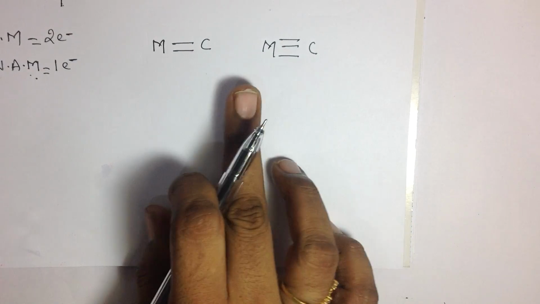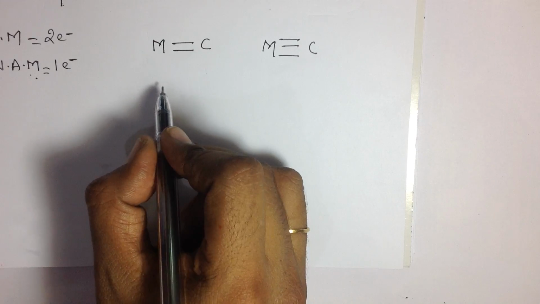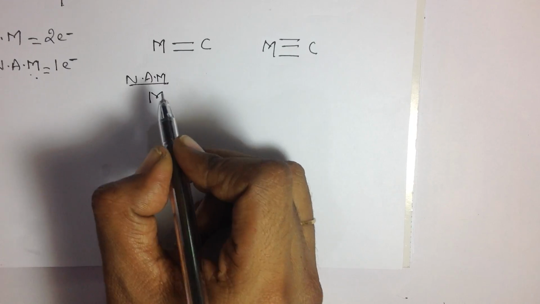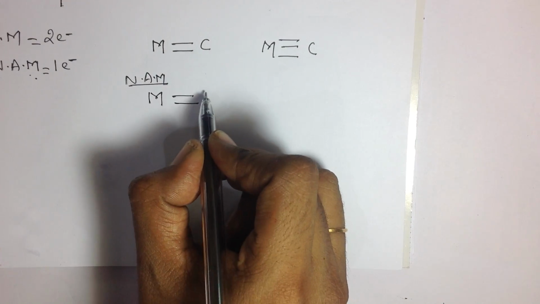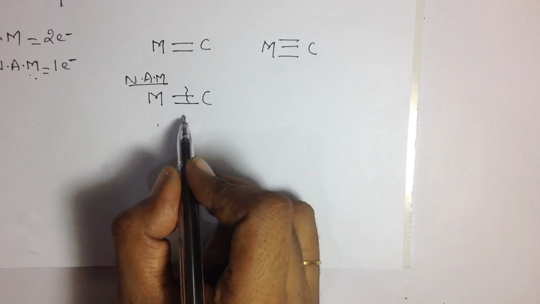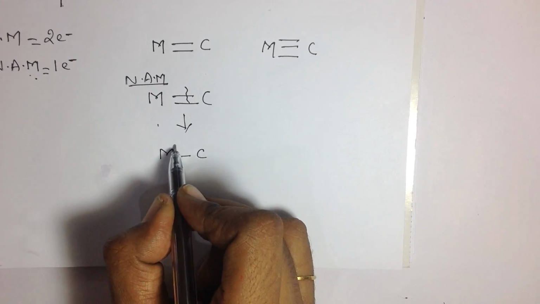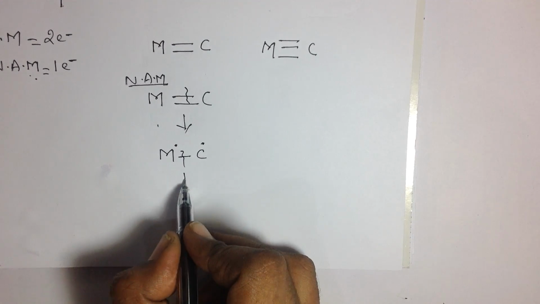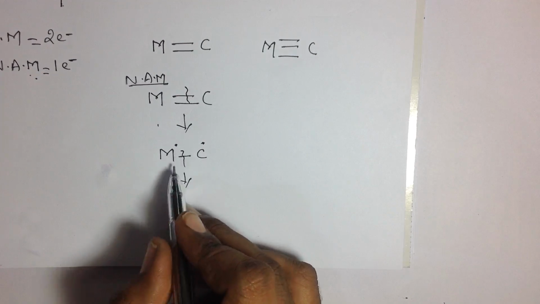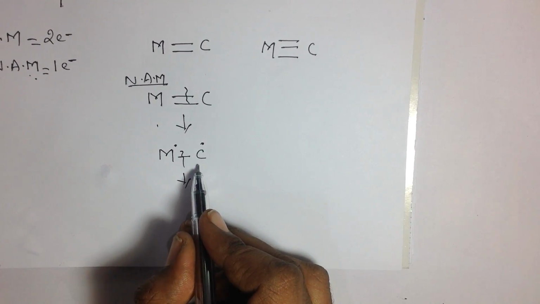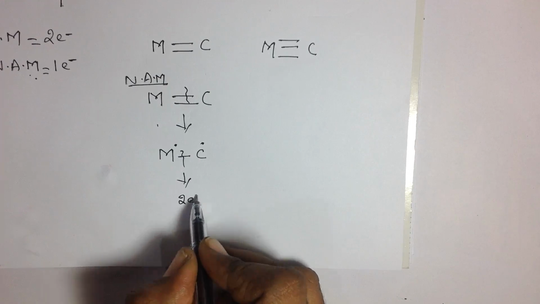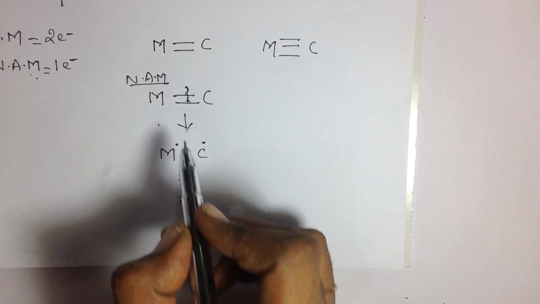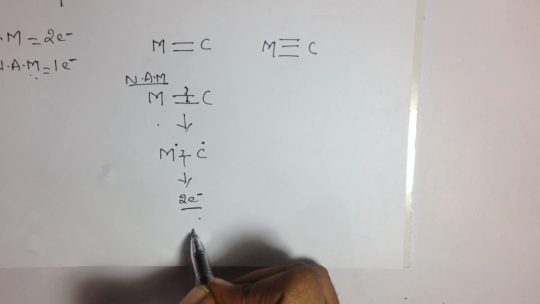First, according to the neutral atom method, how will the cleavage be? First the cleavage of the first bond, and then again the cleavage of the second bond. So the electronic contribution of the ligand is 2 electrons, one electron from the first bond cleavage and one from the second bond cleavage.